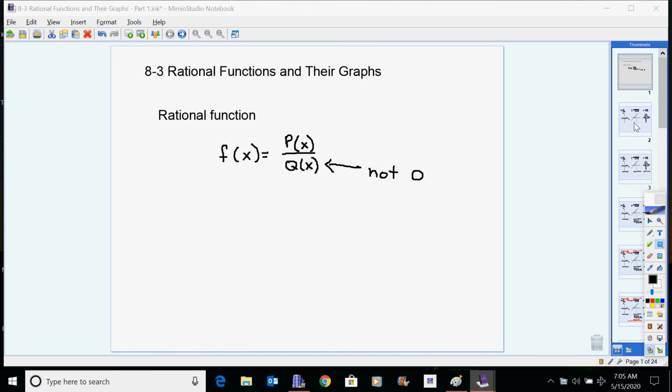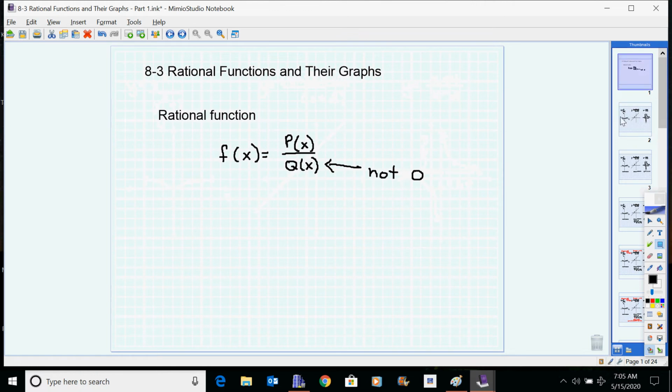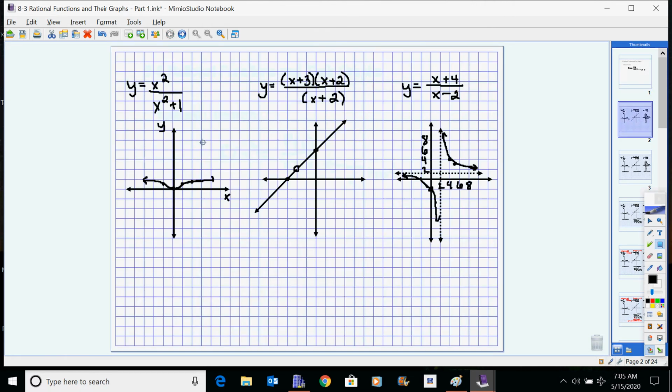So let's take a look first of all at some of the things that can happen when you have rational functions. Remember, a function means that anytime you have a vertical line, it's only going to hit in one place. So all of these particular equations will give you a graph, and they all have different ways of looking.